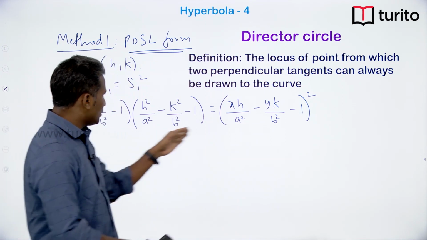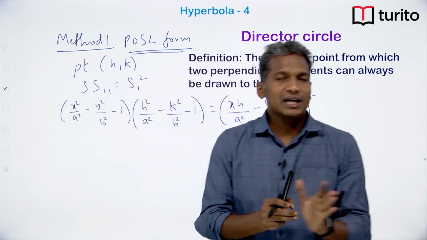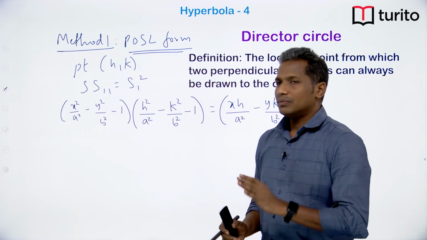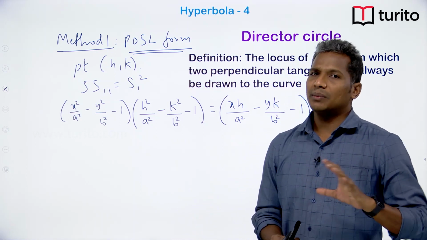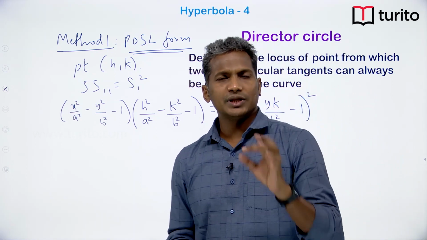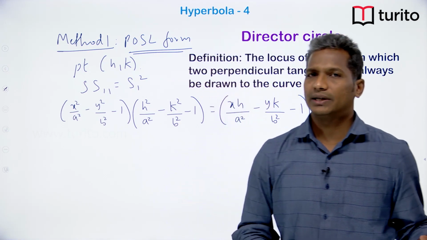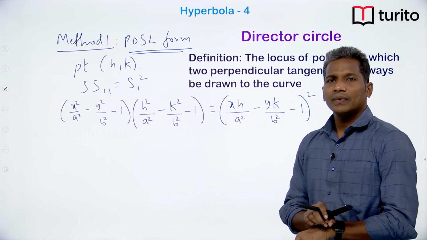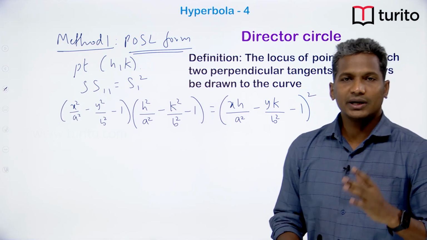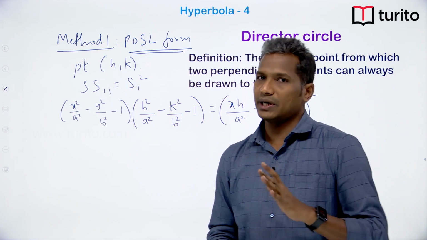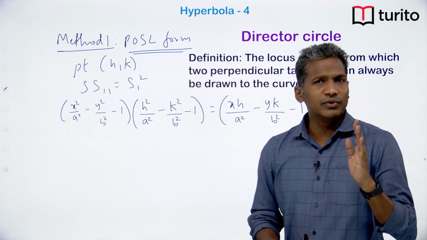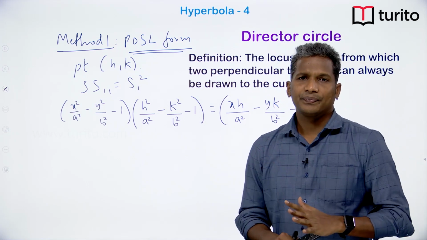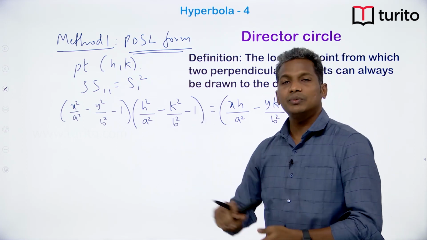So now just by looking at this itself, the equation has become lengthy, but we do not have to simplify it completely. So whenever you get the POSL form, do not blindly simplify it, do not do that. Look at the condition, what is required here? We want the lines to be perpendicular, we want the tangents to be perpendicular. So that means M1 M2 must be minus 1, but here there is no M1 M2 directly.